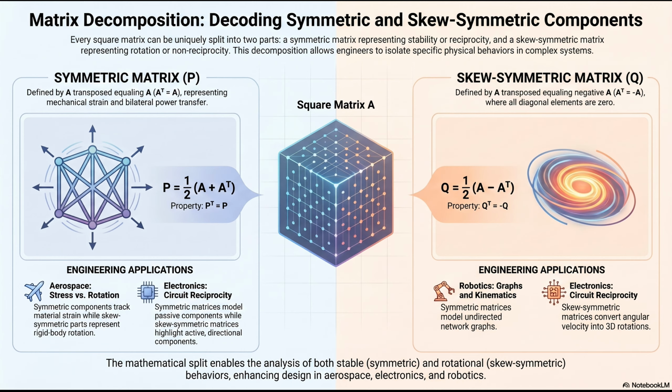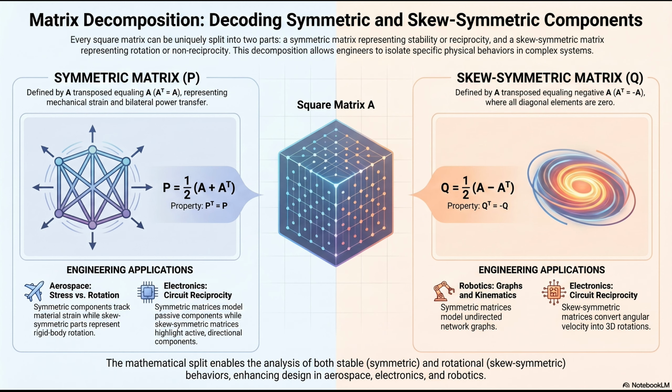The math perfectly describes an active component that takes an incoming signal and shunts it entirely to the next node without allowing any of it to reflect backwards. Which would be crucial in something like, say, a satellite. Oh, absolutely. If you are designing a communication circuit for a satellite, you absolutely cannot have the high-power transmission signal bleeding backwards into your highly sensitive receiving antenna. Right, you would completely fry the satellite's own sensors.